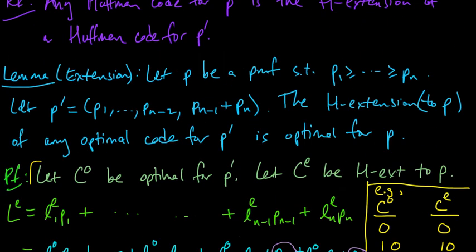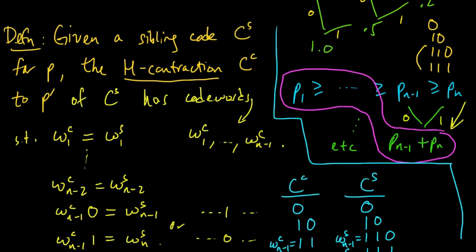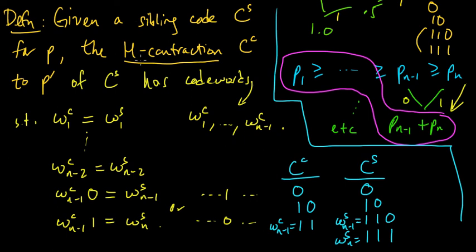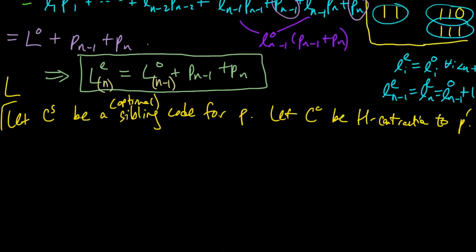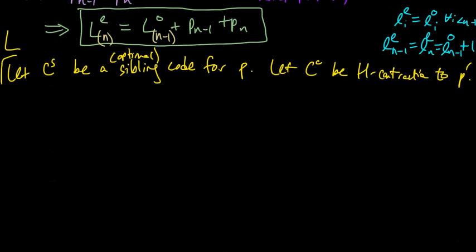And remember, one reason why we needed a sibling code is that the Huffman contraction is only defined for a sibling code. We had to have these two siblings so that we could merge them, chop off their last bit and get a well-defined new code word. So we needed a sibling code here to get our nice contraction.